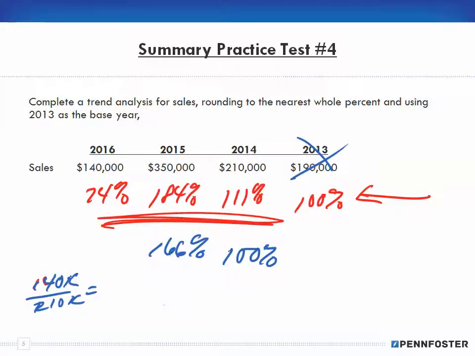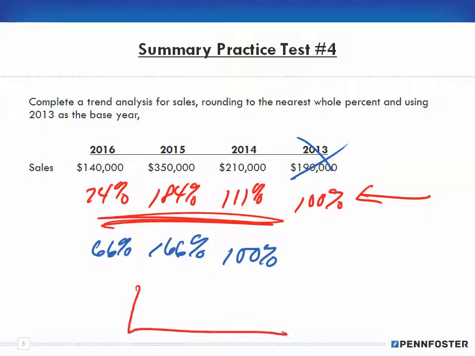So 140 divided by 210, and that would have given us 0.666 or 66%. So as you can see, from a data perspective, we went up one year and we dropped down the next year.